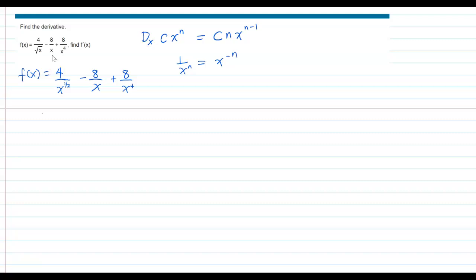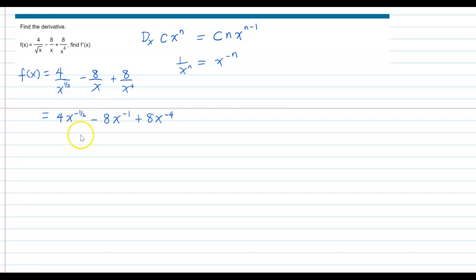So we could bring this expression to the numerator. So we could write that as 4x to the negative 1/2 minus 8x to the negative 1 plus 8x to the negative 4.